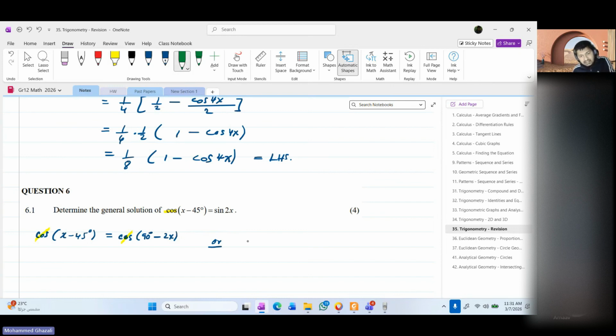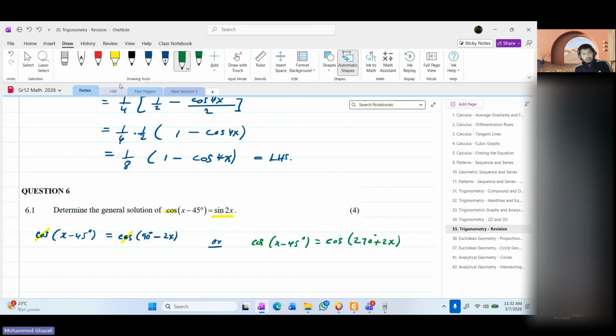By adding k360, or you can say cos of x minus 45 is equal to cos. When will you get cos positive? Remember, cos of something is positive in the fourth quadrant. So we're going to use 270. Because what is cos of 270 plus 2x? That's in the fourth quadrant, and cos is positive.